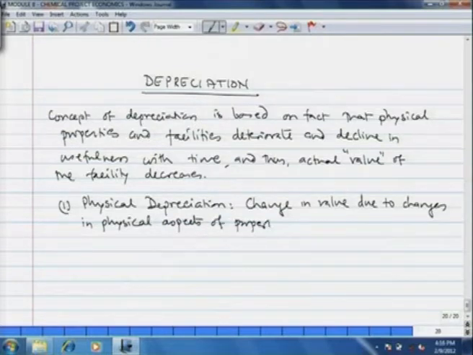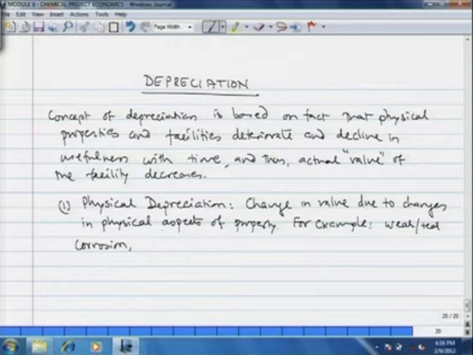For example, wear, tear, corrosion, then accidents or deterioration due to age. And then because of this, the serviceability of the property is reduced.